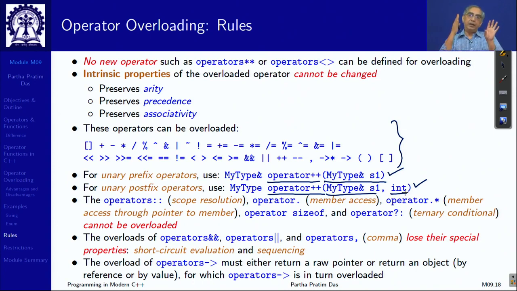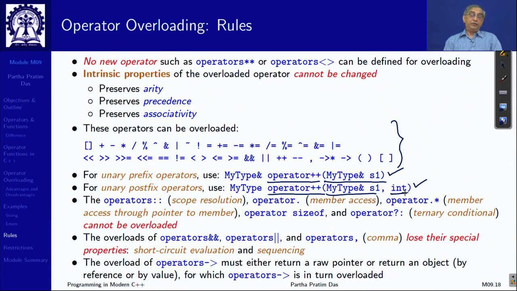So, it just avoids that. That is known as a shortcut evaluation. The similar thing holds for OR. There is a comma operator which sequences the different expressions and so on. So, these kind of properties will get lost if you overload the operators.